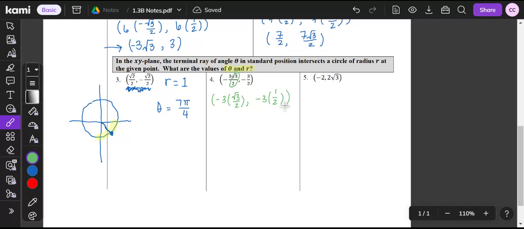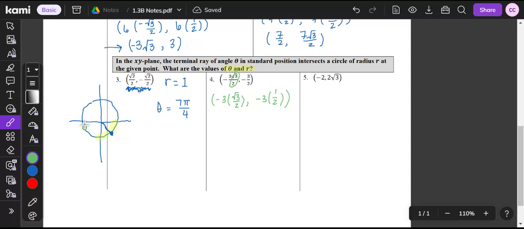All right, so a couple things. First of all, both are negative, which means I'm going to be in quadrant 3. Next thing, I know the x-coordinate I'm looking for is root 3 over 2, and I know the y-coordinate I'm looking for is 1 half. All right, so that's going to be this angle right here.